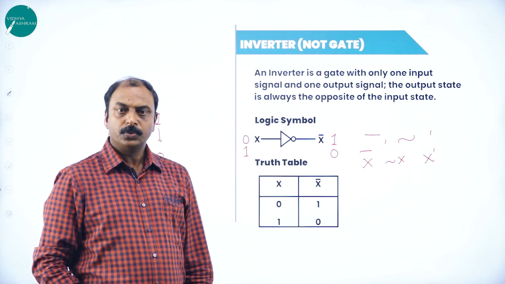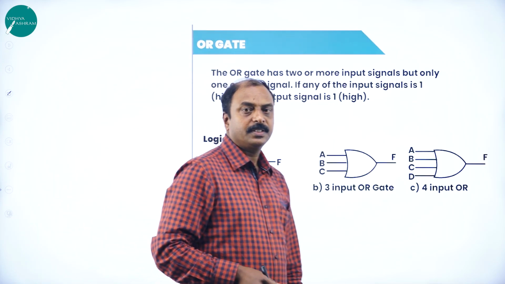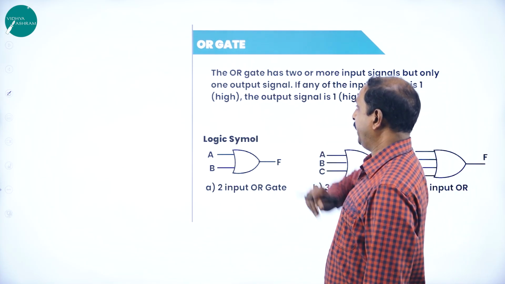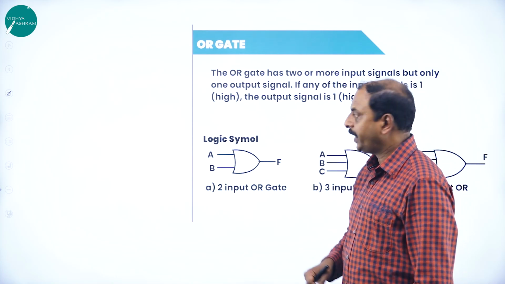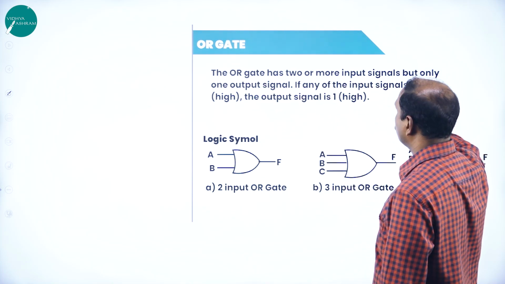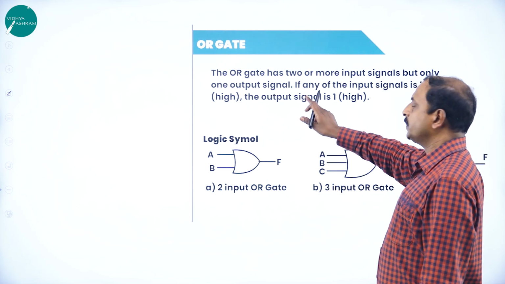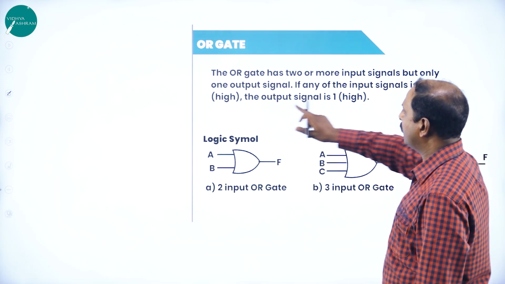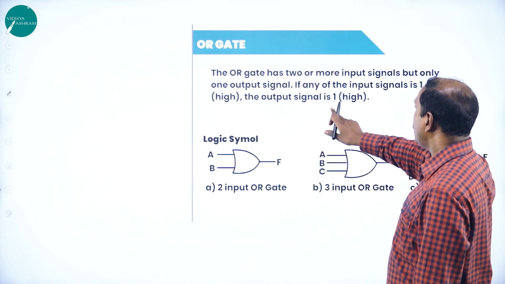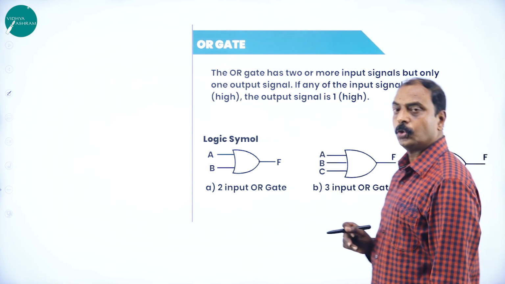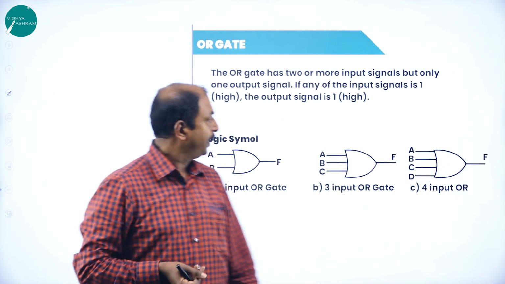Now let us move on to the next slide. This is another type of basic gate, the OR gate. What is the definition of the OR gate? The OR gate has two or more input signals but only one output signal. If any of the input signals is 1 or high, the output will always be high. High stands for the 1 state.